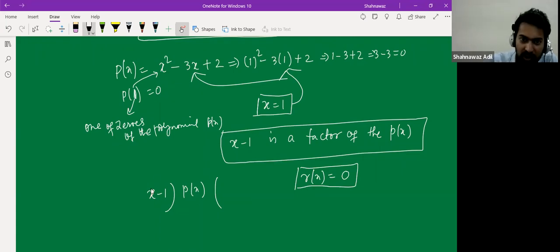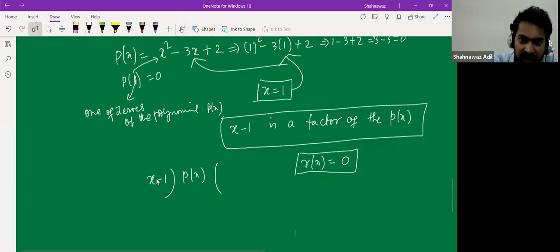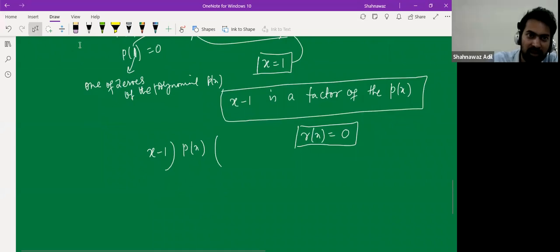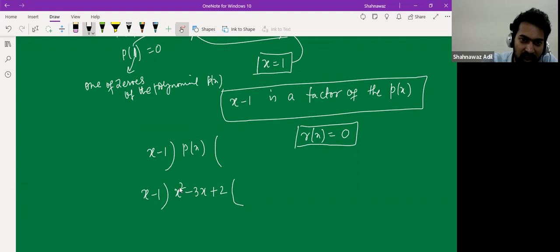So let's divide P(x), x square minus 3x plus 2, by x minus 1. First we try to equate with x square. We find that number which gives x square.